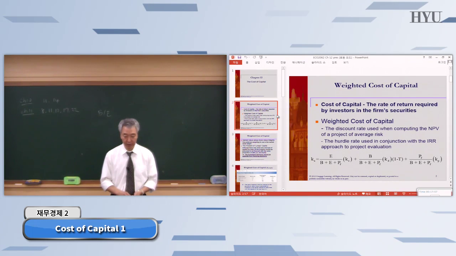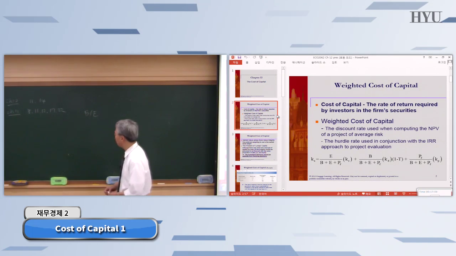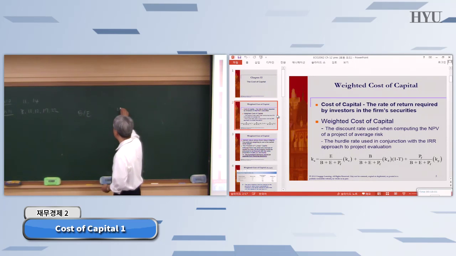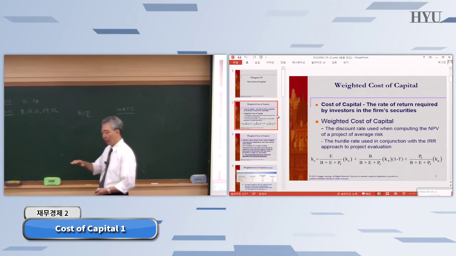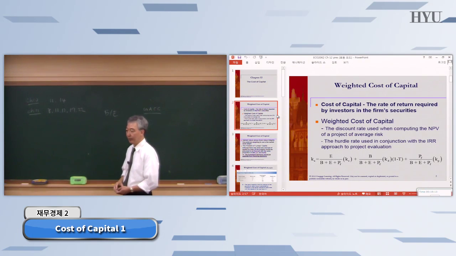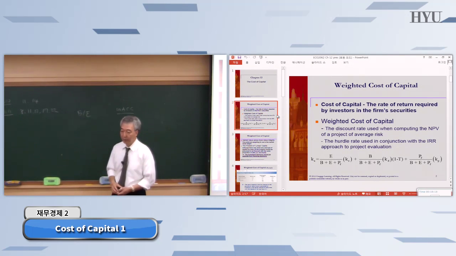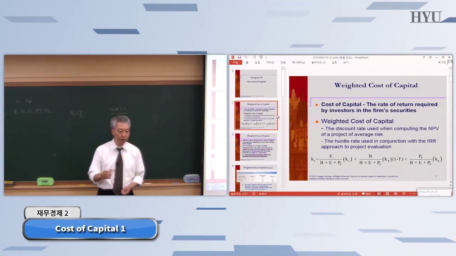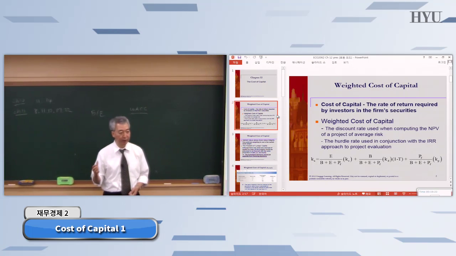So the idea is, when a company has a WACC, the company is going to use this rate, the cost of capital, to evaluate all the projects they are considering. The problem is some projects are riskier than others.